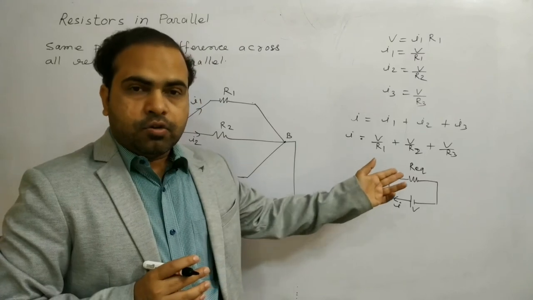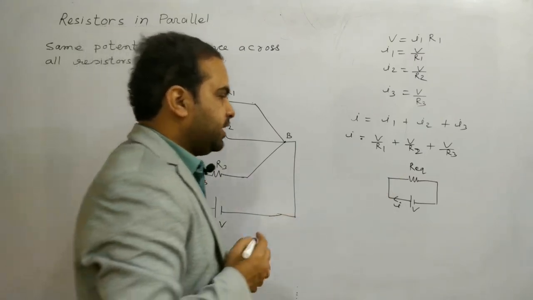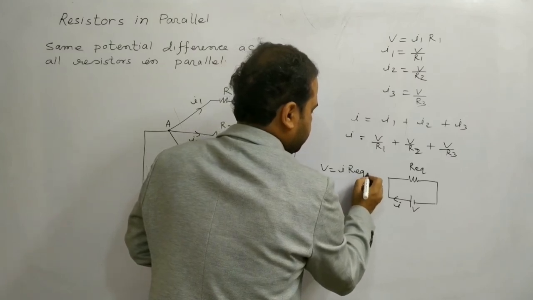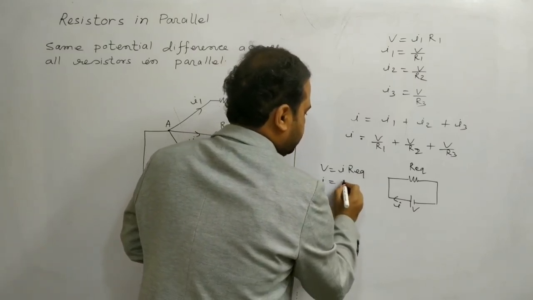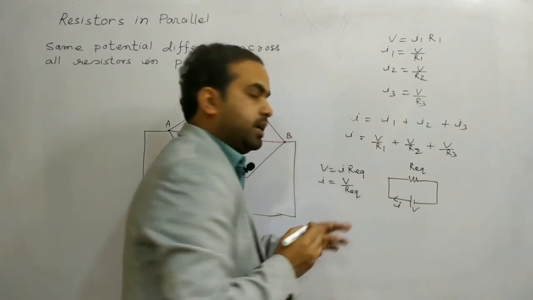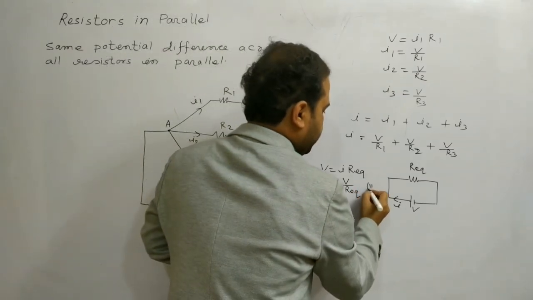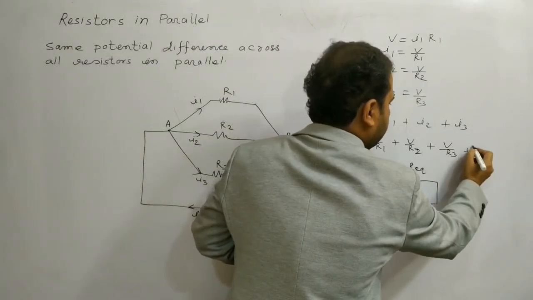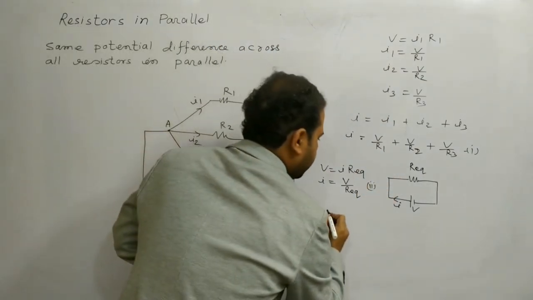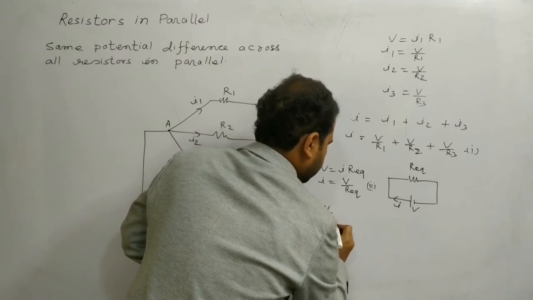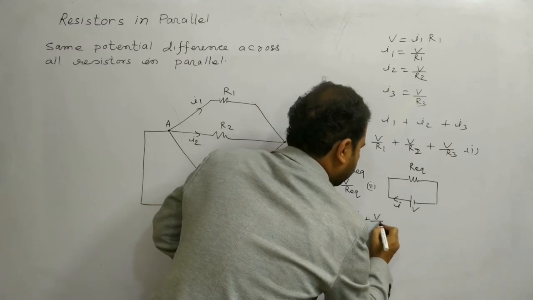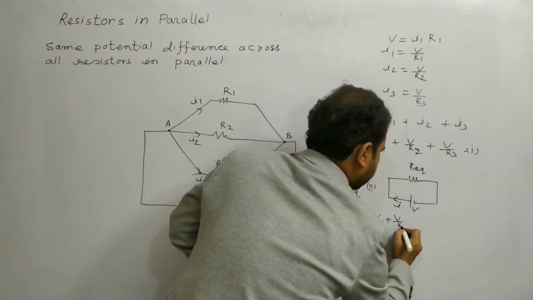Now let us apply Ohm's law here. From Ohm's law we can write V equals I R equivalent. So I equals V by R equivalent. Let us call it equation 2 and let us call the earlier one equation 1. Equating equation 1 and 2, we get V by R equivalent equals V by R1 plus V by R2 plus V by R3.